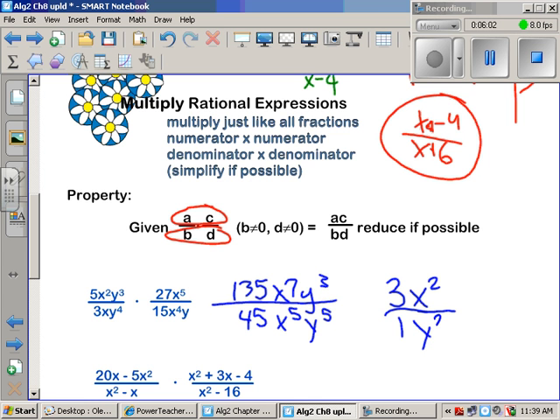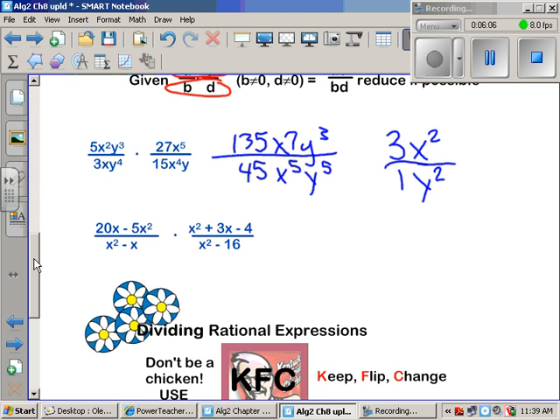Good. Okay? Now, when you multiply powers like this, the first thing you want to do is factor it all, and then write it out as one big multiplication problem and leave all the factored stuff alone so that you can cancel. All right? So first thing I want you to do is write all of this out as a factored multiplication problem.